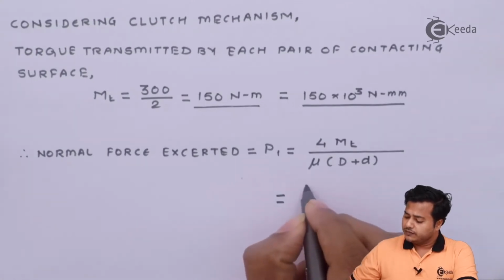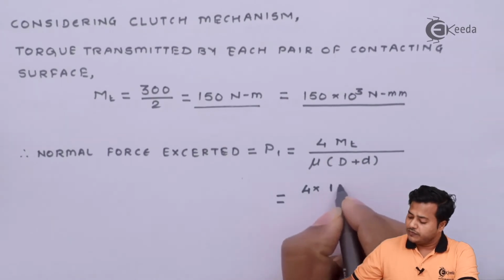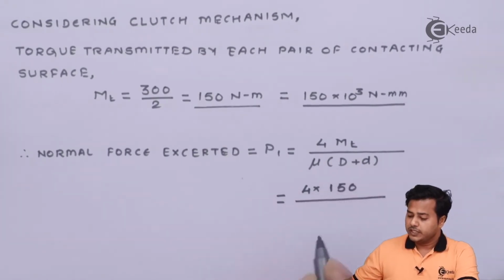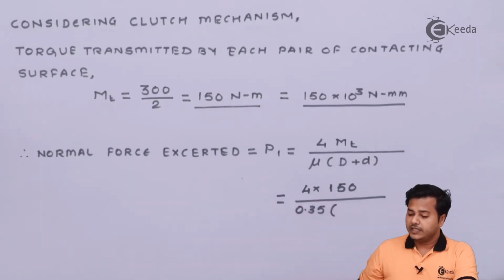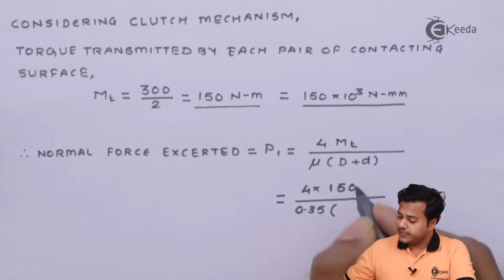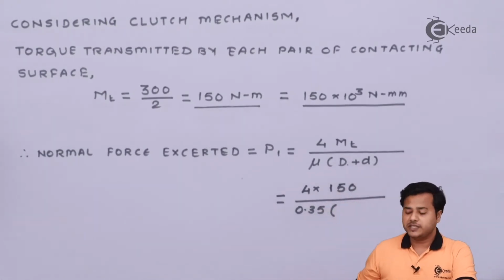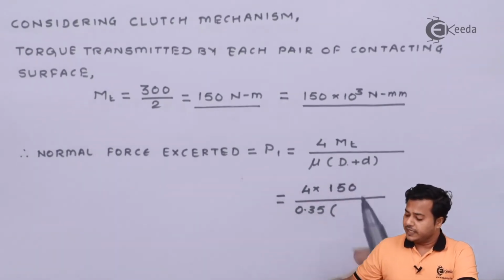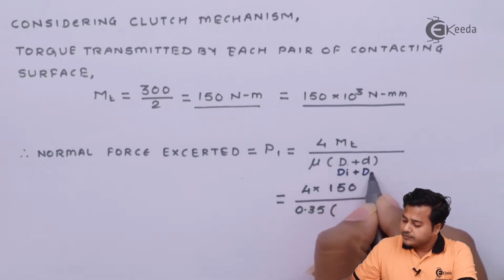So that is 4 times the torque delivered by one plate, that is 150, divided by coefficient of friction specified, which is 0.35, and the given diameters. We can say d outer and d inner also, but it remains the same thing. It can be d outer plus d inner.